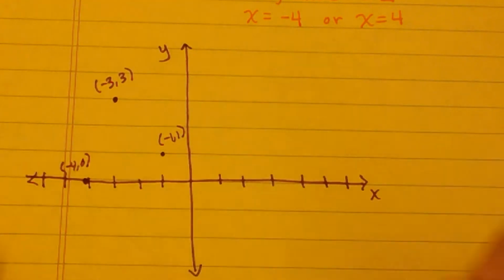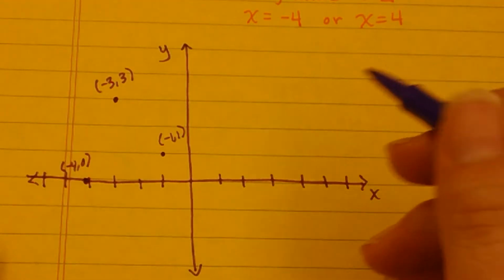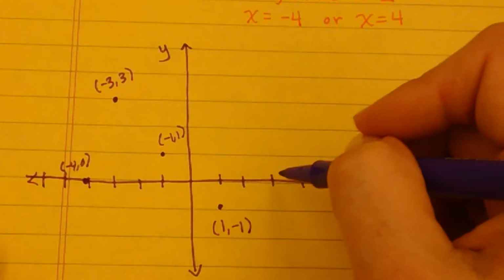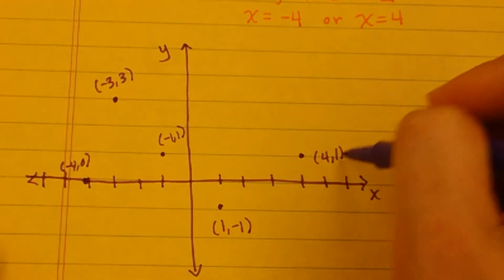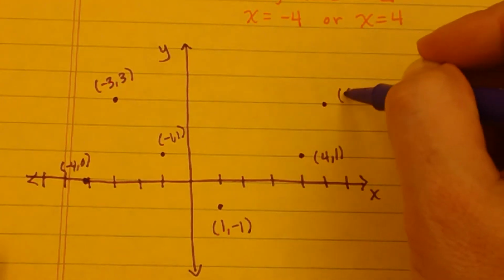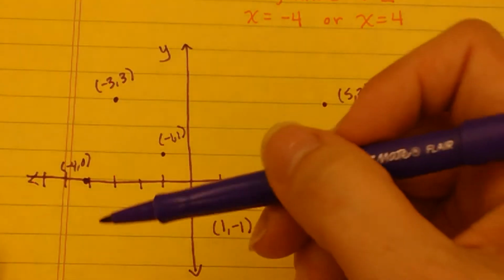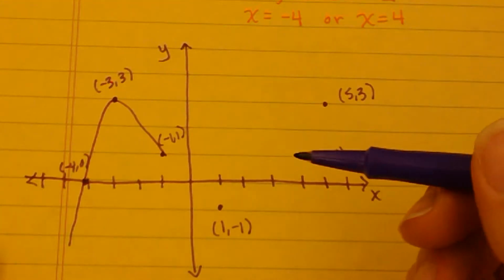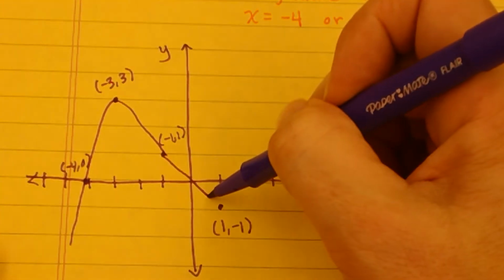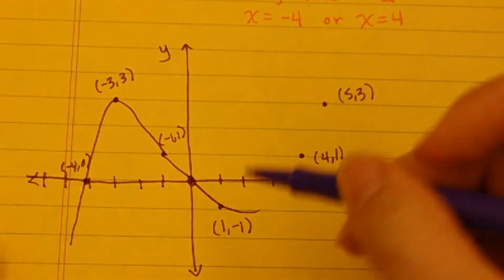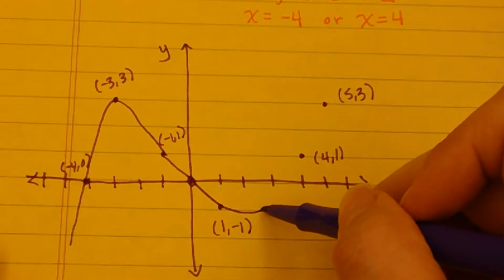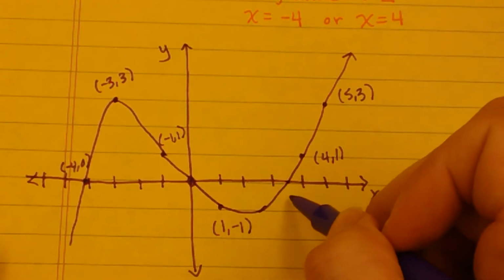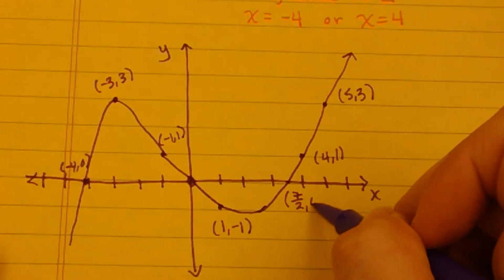Negative 4, 0. 1, negative 1. 4, 1. And 5, 3. Okay. I'm going to connect my points. Zero, 0 is also on there. And we'll call that 7/2, 0.